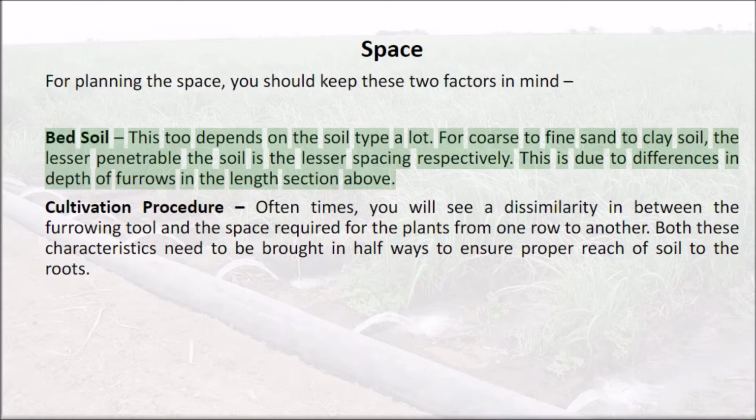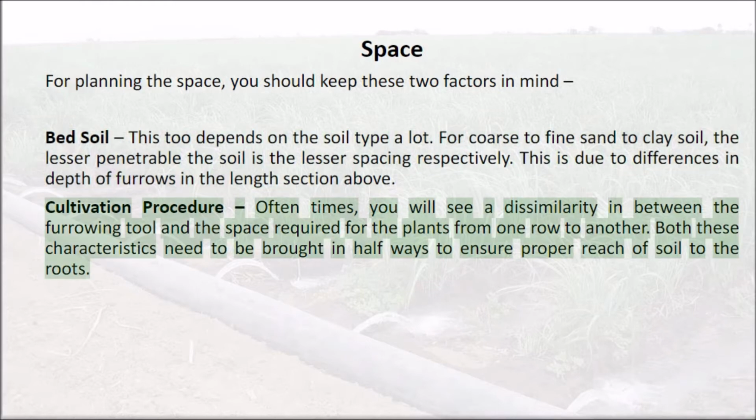This is due to differences in depth of furrows in the length section above. Cultivation procedure. Oftentimes, you will see a dissimilarity between the furrowing tool and the space required for the plants from one row to another. Both these characteristics need to be brought halfway to ensure proper reach of soil to the roots.